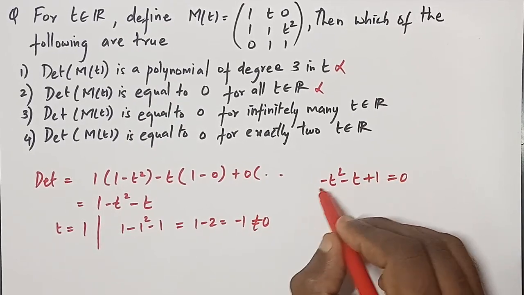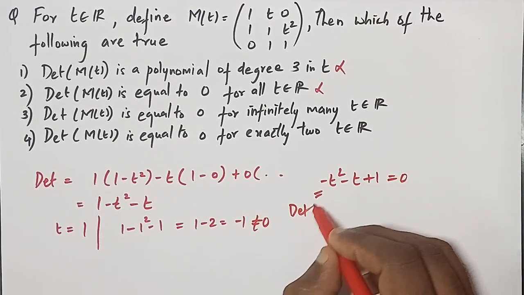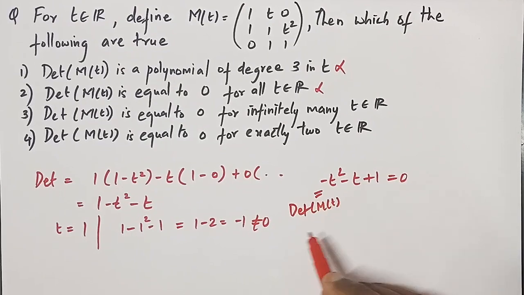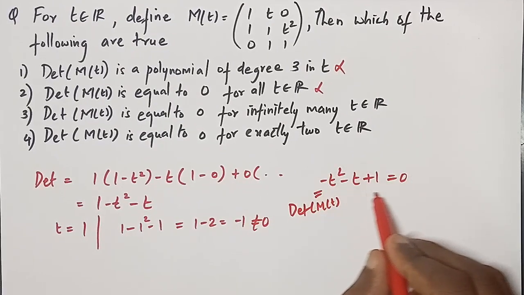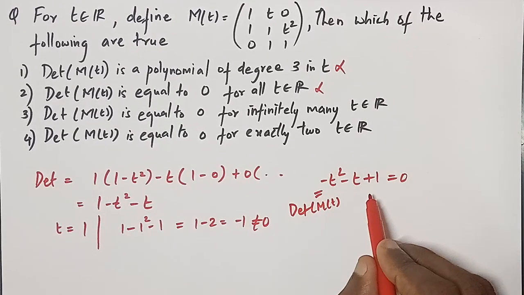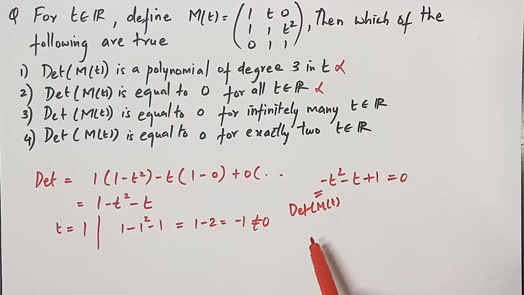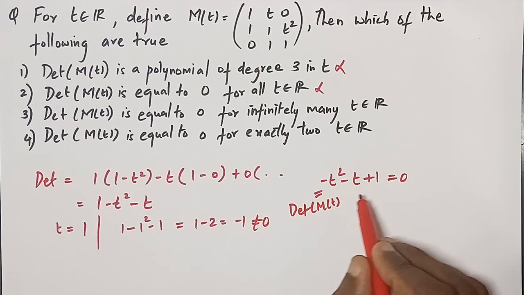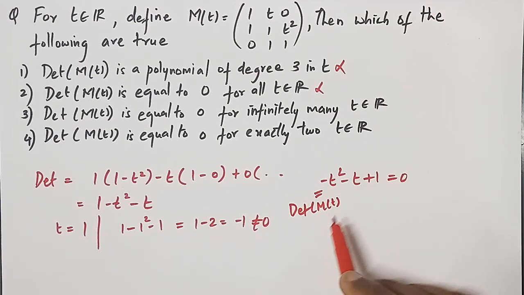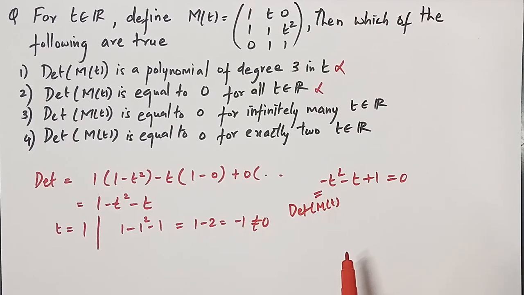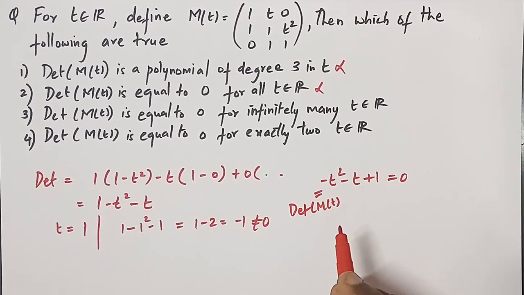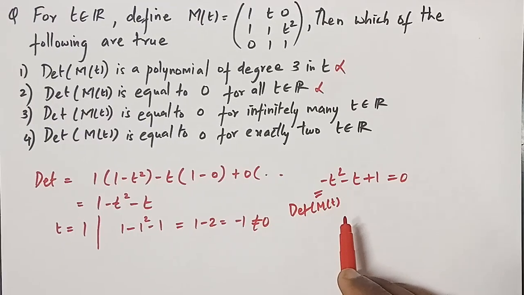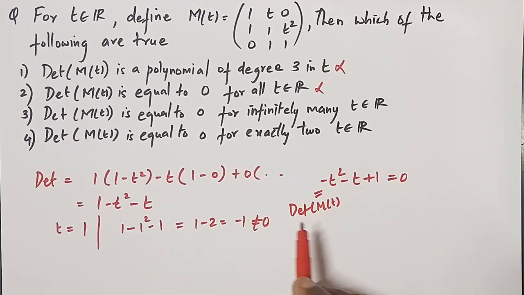So that means we just solve this quadratic equation, and that will help us to say something regarding these two statements. It is a second order algebraic equation, in which we have at most 2 real roots.